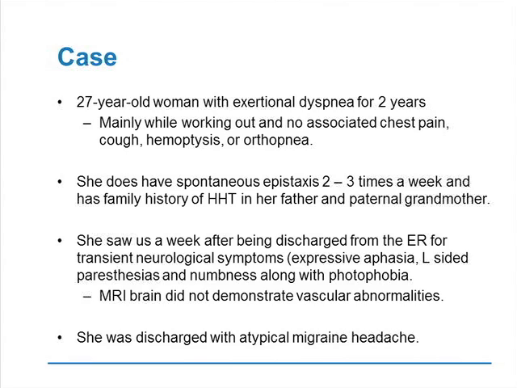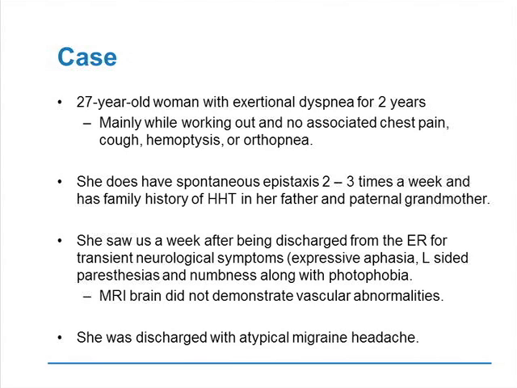And she stated that, interestingly, in her family history, there is HHT in her dad and in her dad's mother. She was discharged from the ER a week prior to coming to see us because she went to the ER for transient neurological symptoms lasting almost 16 to 18 hours. She had symptoms of expressive aphasia, left-sided paresthesias and numbness, along with significant photophobia.